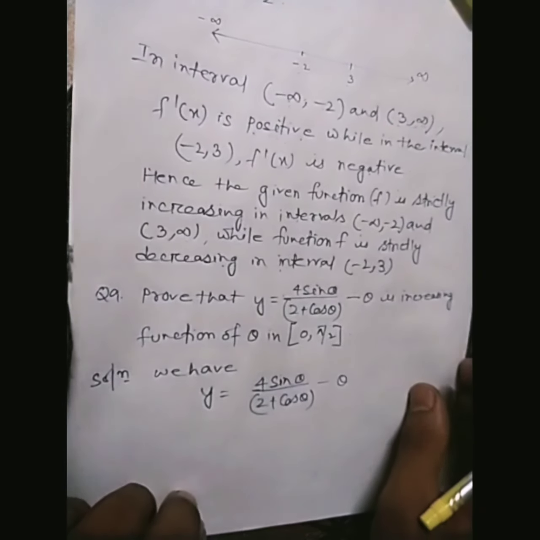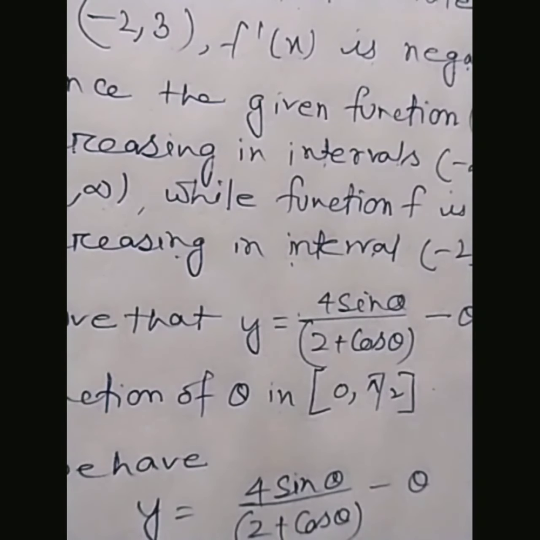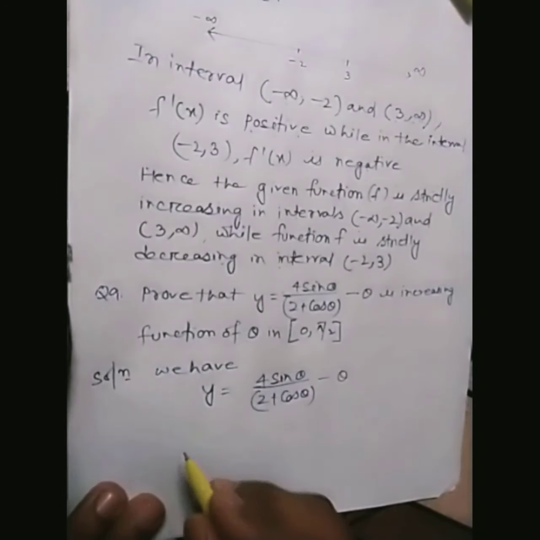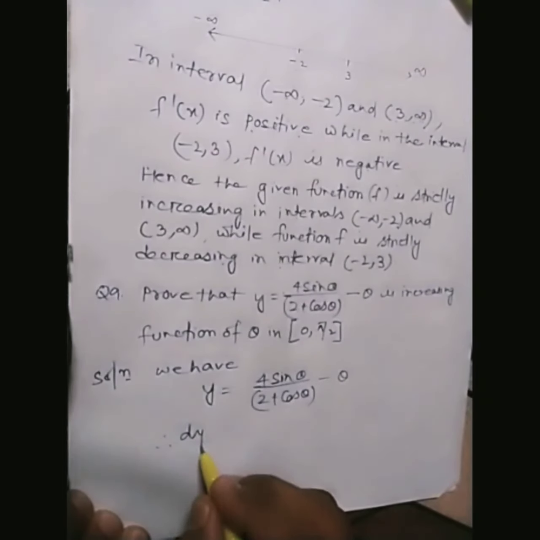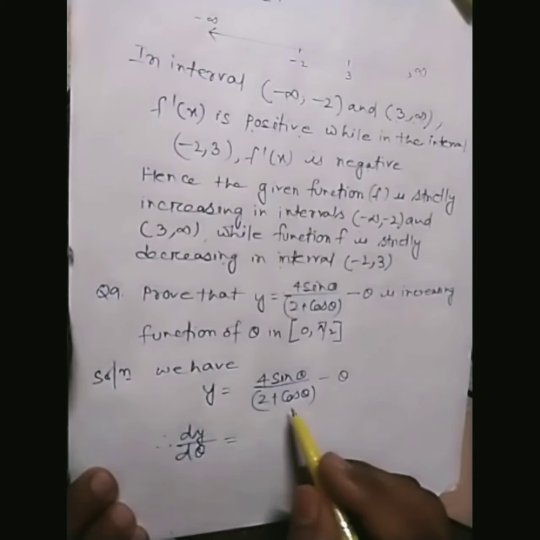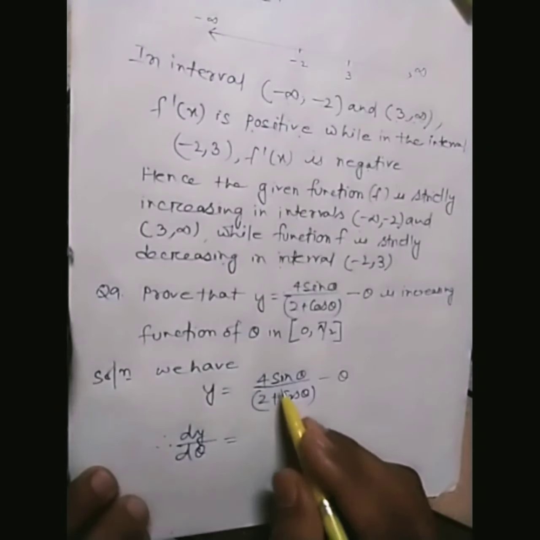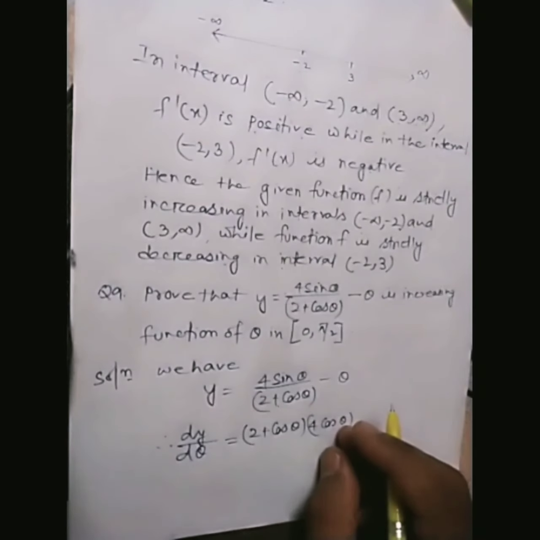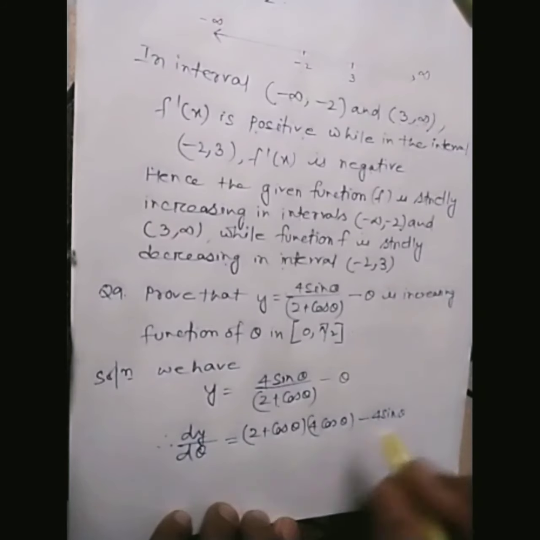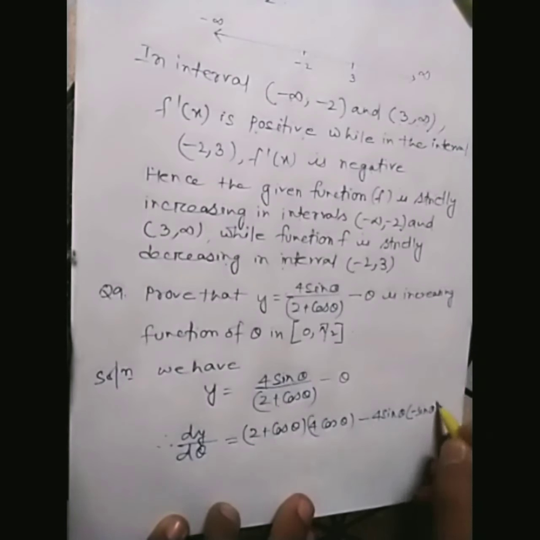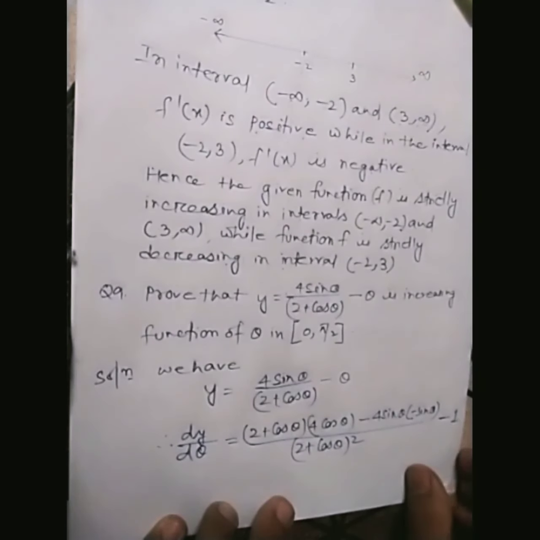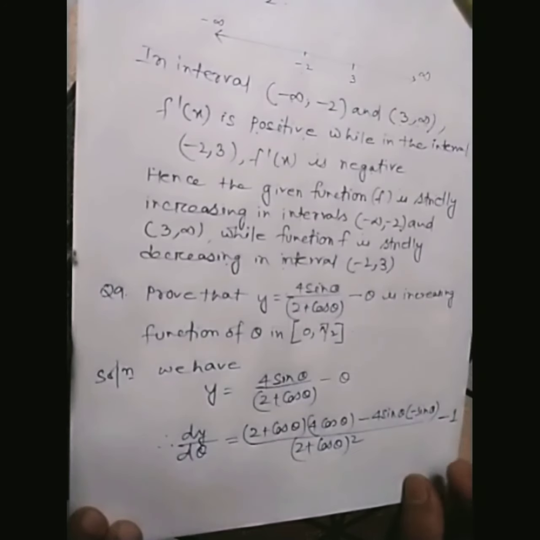Therefore dy by d theta, I am going to proceed by the u by v rule. So we get 2 plus cos theta times the derivative of 4 sin theta, which is 4 cos theta, minus 4 sin theta times the derivative of 2 plus cos theta, which is minus sin theta, divided by 2 plus cos theta whole square, and for theta you are getting minus 1.